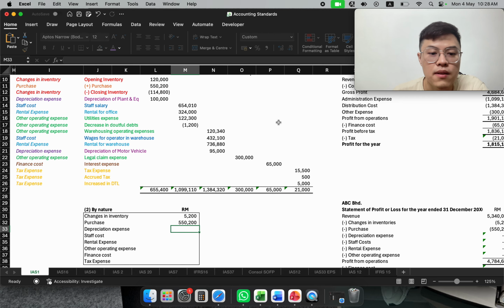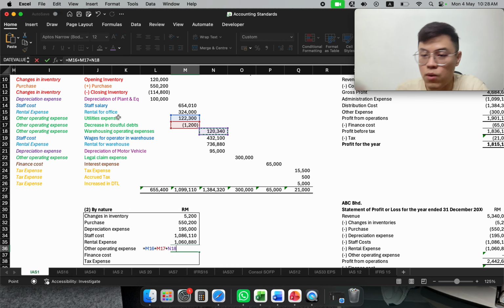Purchase. Depreciation, this depreciation of plant and equipment plus depreciation of motor vehicle. Staff cost, staff salary plus wages. Rental expense, the rental for office plus rental for warehouse. Other operating expenses, those happen not really frequently and only one time.